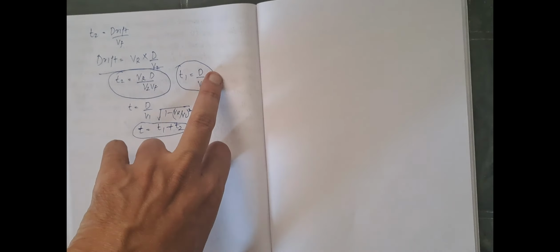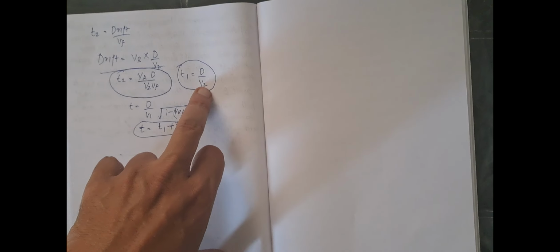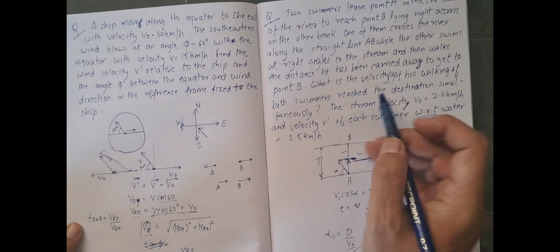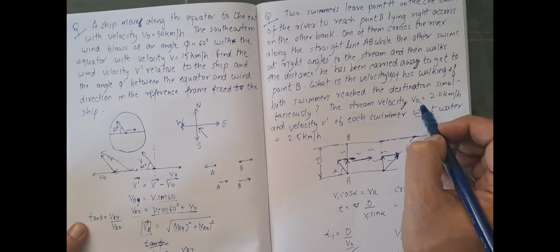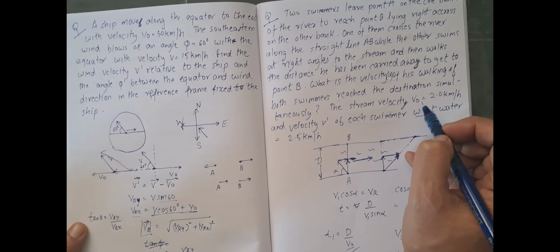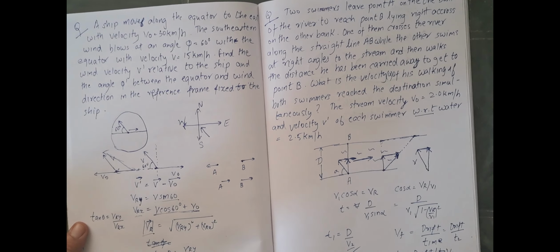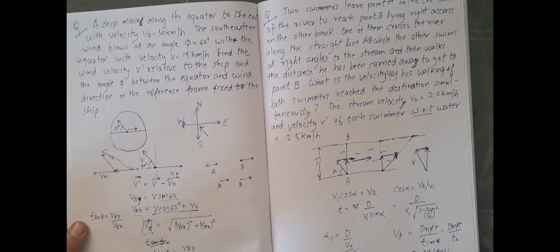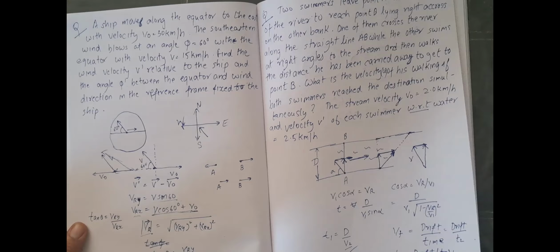D will get cut. We know Vr, we know V2, we know V1. V1 is equal to V2 is equal to 2.5 kilometers per hour. Vr is equal to V0 actually. Instead of V0 I was just using Vr because Vr, velocity of the river, appears to be simpler. So Vr is equal to 2 kilometers per hour.